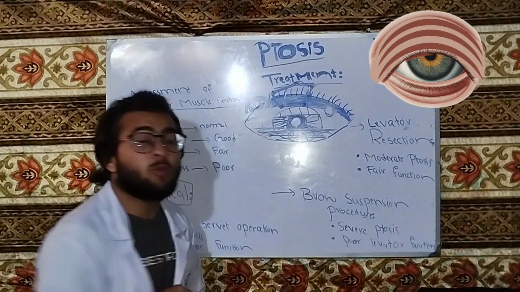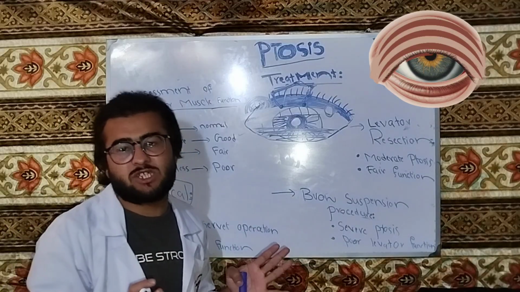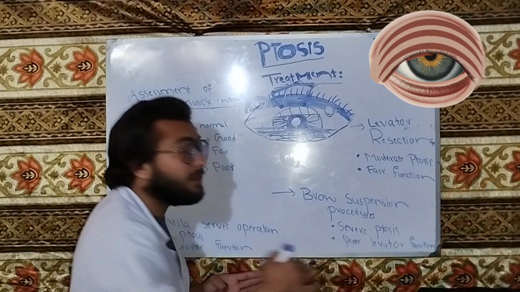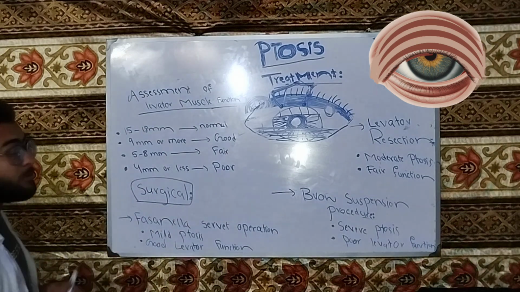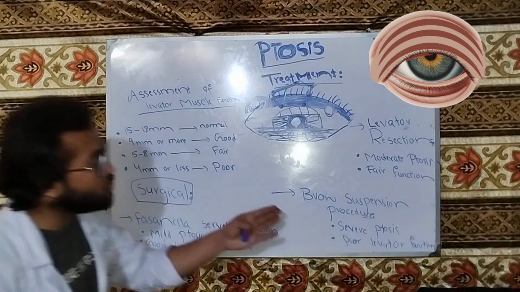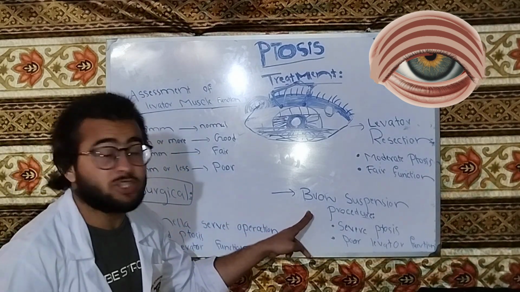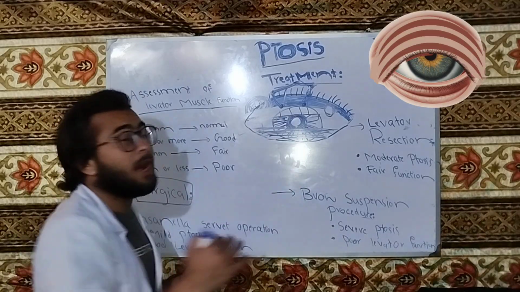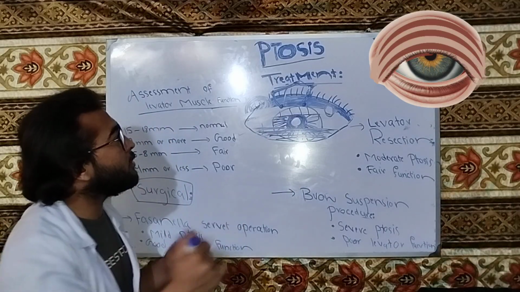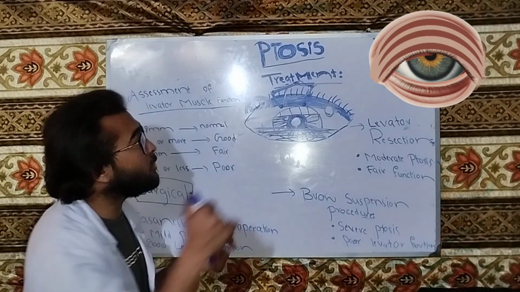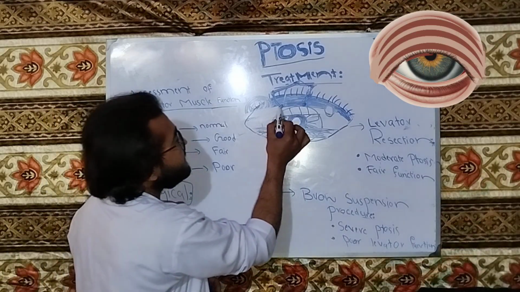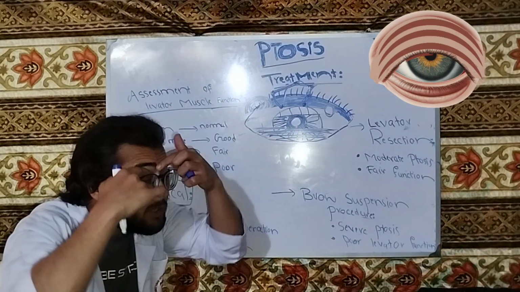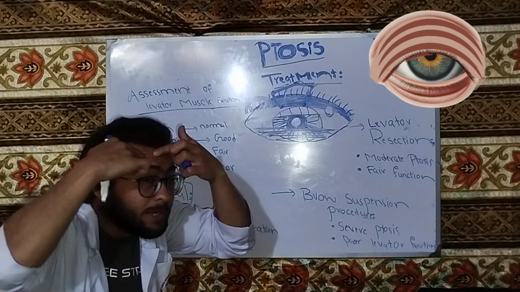Now the third type of procedure is the brow suspension procedure. This procedure is indicated in very severe ptosis and poor levator function, which is 4 millimeter or less. This is also called the sling procedure. In this procedure, we make 6 incisions, to make a hexagonal pattern suture. Six incisions are given to the upper eyelid and to the frontalis muscle.